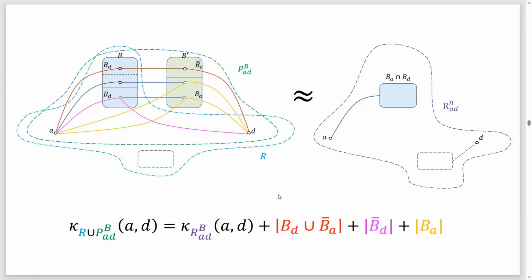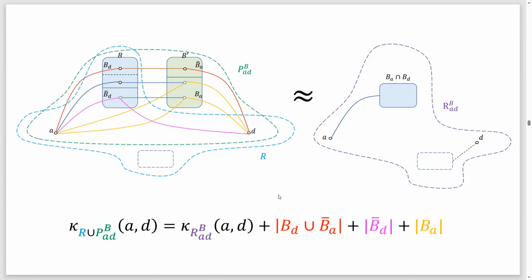For the purple one, BD bar, we simply go from A to the set B, to a node in BD bar, and then to D. Also for the yellow ones in BA, we go from A through B prime to the set BA and then go to D.